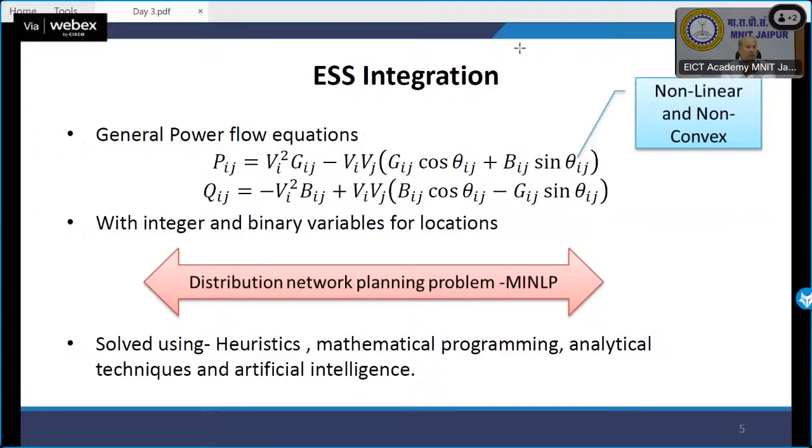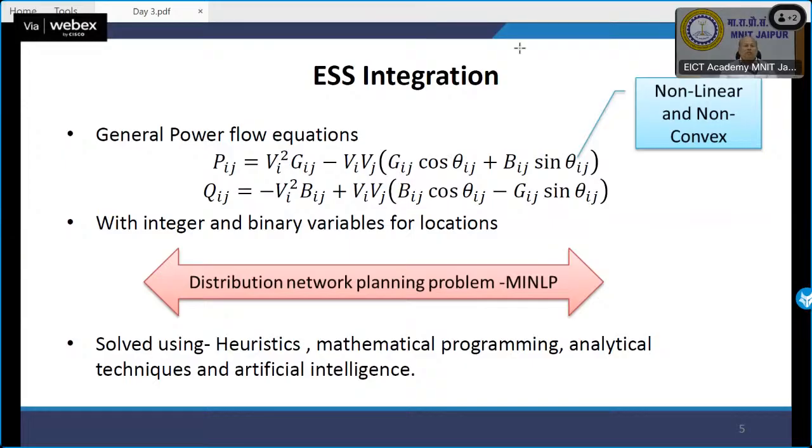That is what we call a binary variable for locations. And once it is 1, you will have another value attached to that. It is about the magnitude, whether it is 1 per unit or 0.8 per unit or 0.4 per unit, that will be decided. So that will give you the size, and the binary variable will give you the site.